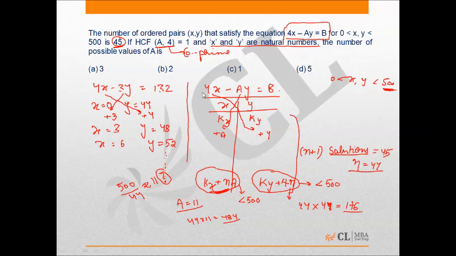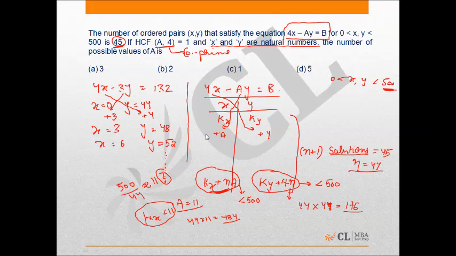And the very first solution of x should be less than 11. I also understand that kx should be less than 11, the first solution. So in that case my limiting term becomes 500.